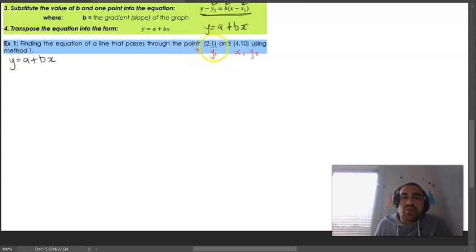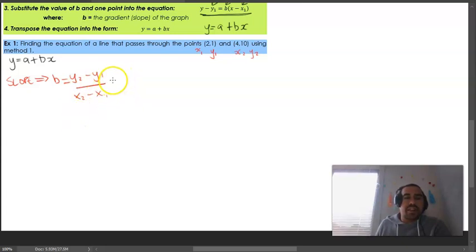So x1 being 2, y1 being 1, x2 being 4, and y2 being 10. We need to do this in order to get our b value, our slope, which is b equals y2 minus y1 over x2 minus x1.